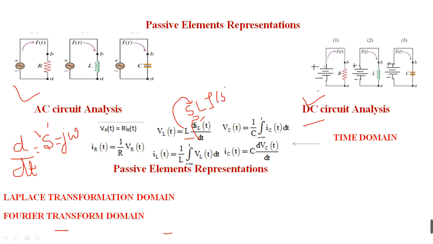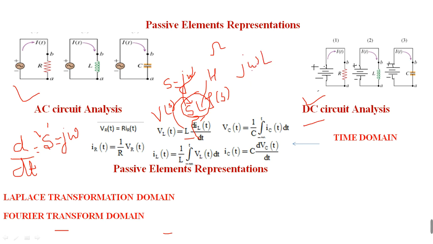I of t means in Laplace it is I of s, and V of s is s into L into I of s. That means SL. We have converted L, which is in Henry, into ohms by multiplying it with the Laplace factor s. And if I substitute s as j omega, then this will become j omega L. Getting it or not?